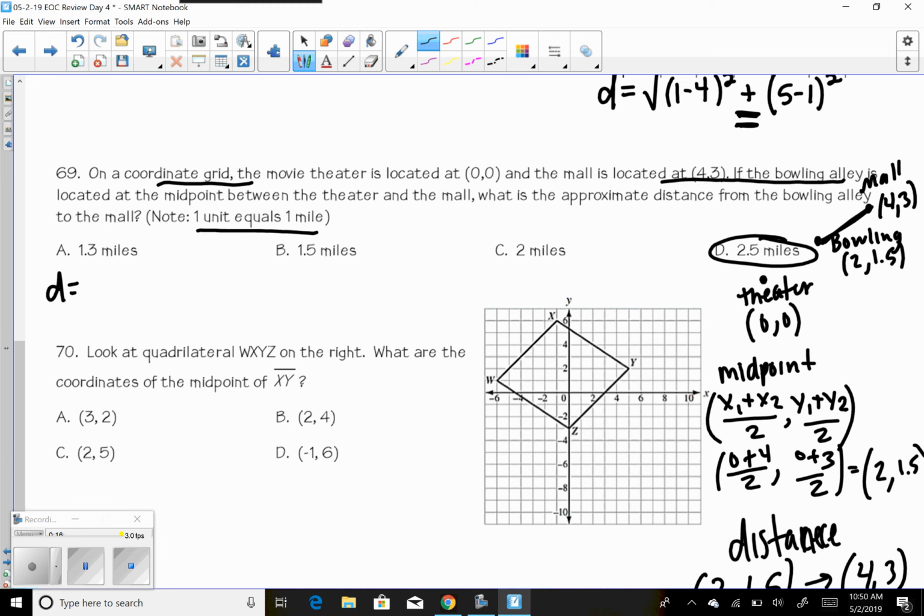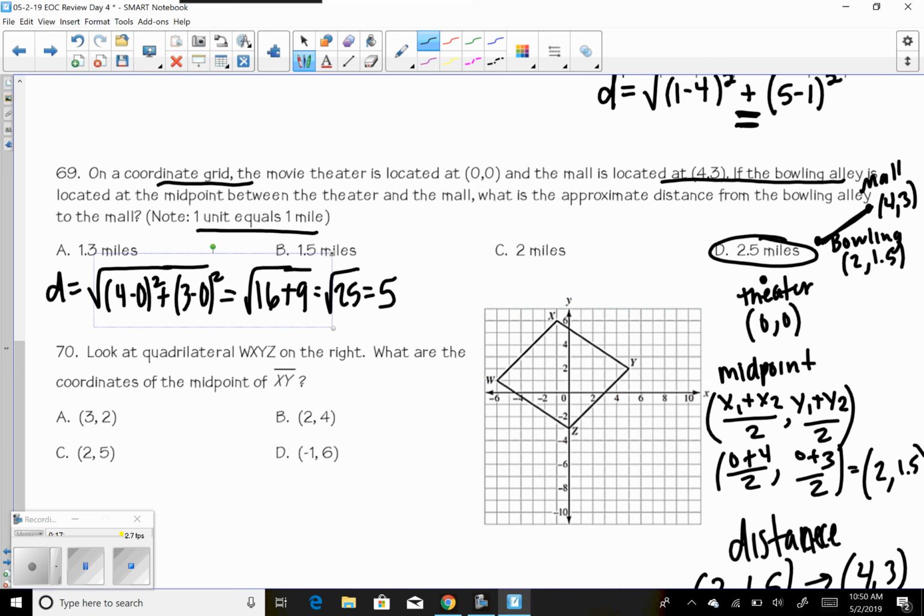If I found the distance from the mall to the theater, that's 4 minus 0 squared plus 3 minus 0 squared. That is 4 squared, that's 16. 3 squared is 9. Square root of 25, which is 5. So from the theater to the mall is 5 total units, right?